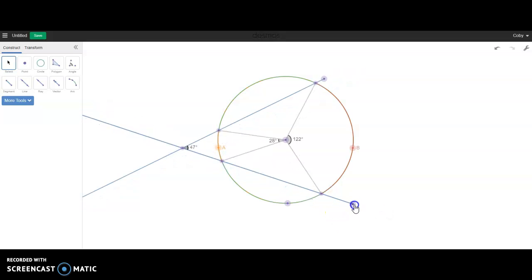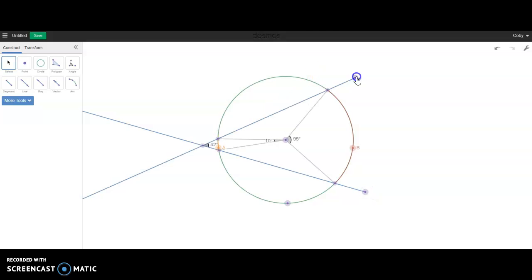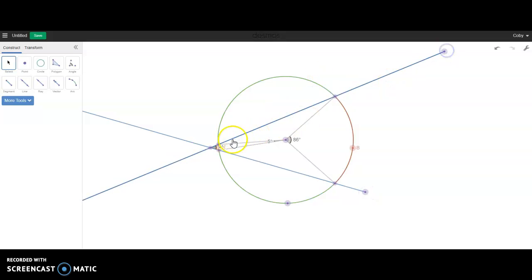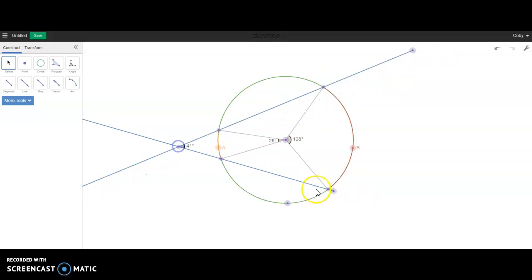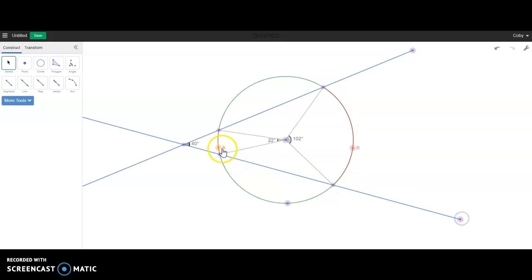Now, let me get it looking the way I want it to look. Okay. Here I have this 40-degree angle caused by, this is now a secant, not a chord. A secant is when the chord basically extends outside the circle. So I have two secants that intersect on the outside of the circle.